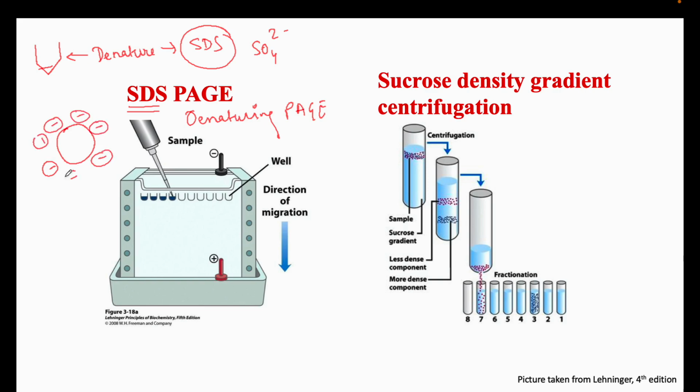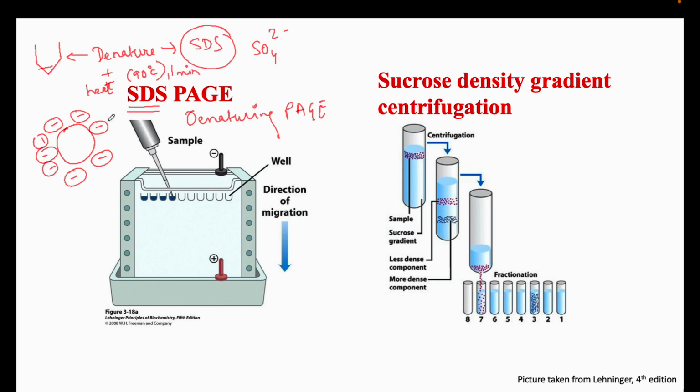So a protein first will be denatured completely, and overall the protein will be coated as negatively charged, right? We also denature using heat. Without heat, the SDS will not work, right? We heat the protein at approximately 90 degrees Celsius for 1 minute.